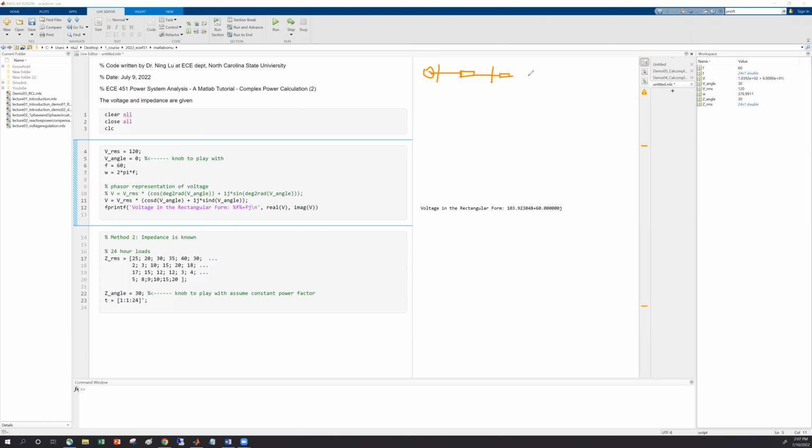And then this will be your house, and our load will be right here. This could be a resistor, or an inductor and then a resistor, or a capacitor and then a resistor. Either way, you will have a number of impedances serving in parallel, right?